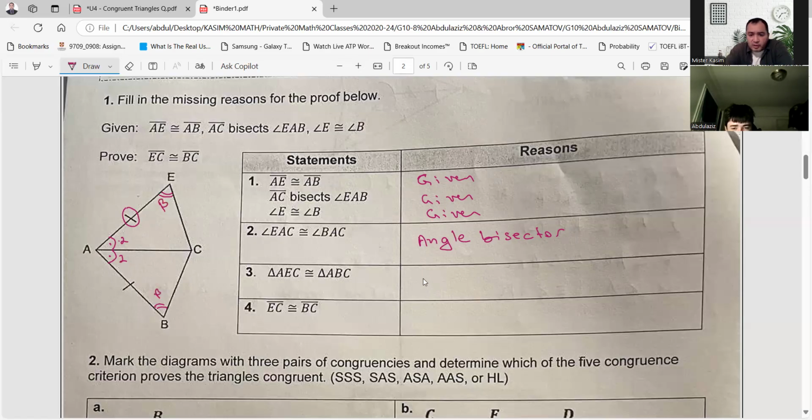So that's why it is angle, side, angle. Since it is so, these two triangles are congruent. Then EC is congruent to BC. Why? Because congruent parts of congruent triangles are congruent.